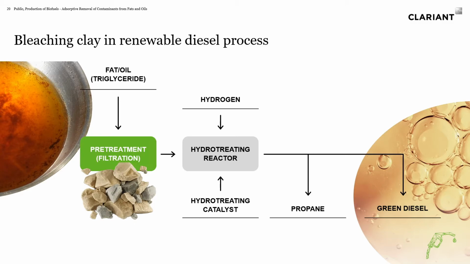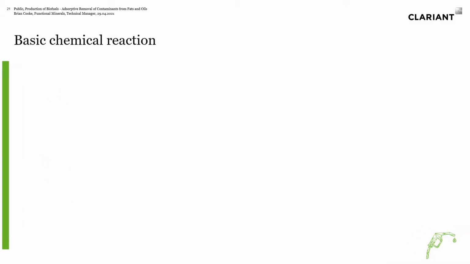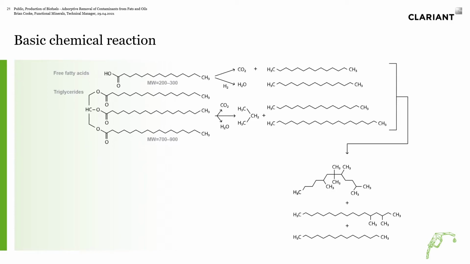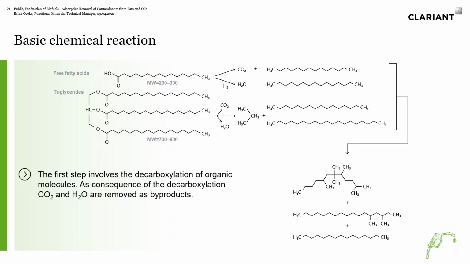So here we're going to focus on the pretreatment process for this reaction. I'm not going to go into all the detail on the chemical reaction that takes place to form the hydrocarbons, but it's basically a decarboxylation of the organic molecules followed by an isomerization step to produce the renewable diesel at the end of the process, as well as propane and some naphtha as a byproduct.